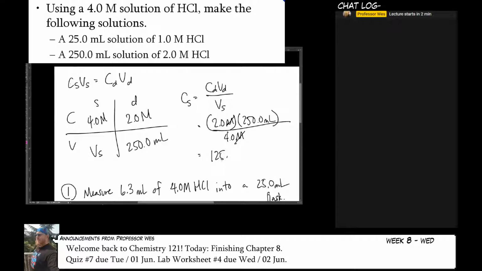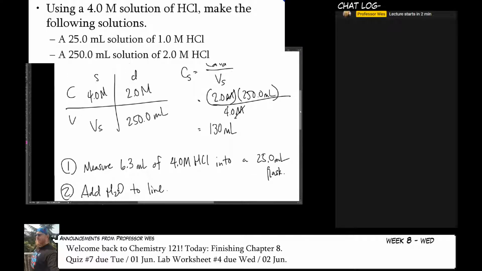I only get to keep 2 sig figs, so this is going to become... Why isn't this working? Oh, I am hitting the button. Oh, it's just not showing it. Weird. Okay. So we get that. And then our procedure basically just changes, and then this is 250. And the rest remains the same.